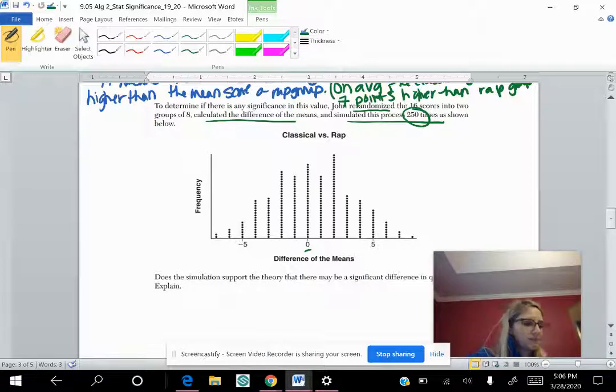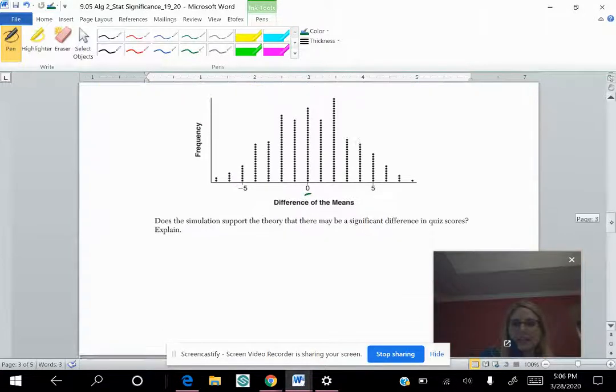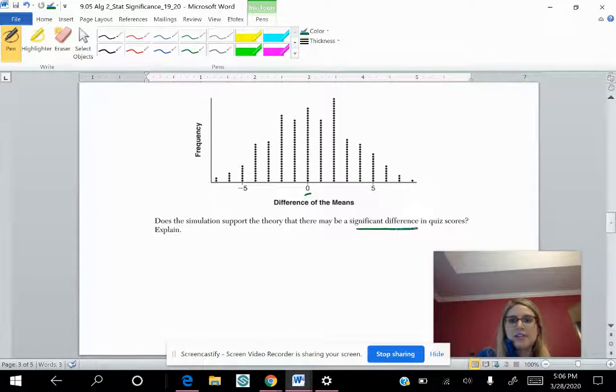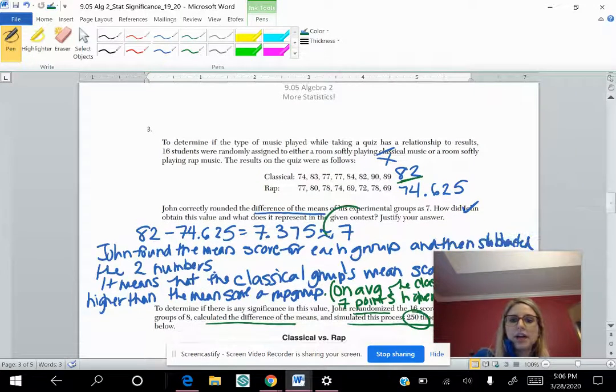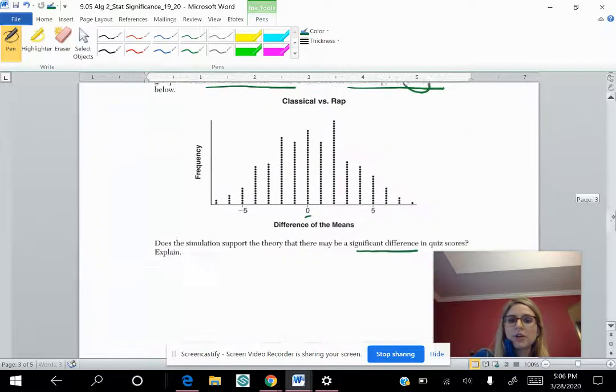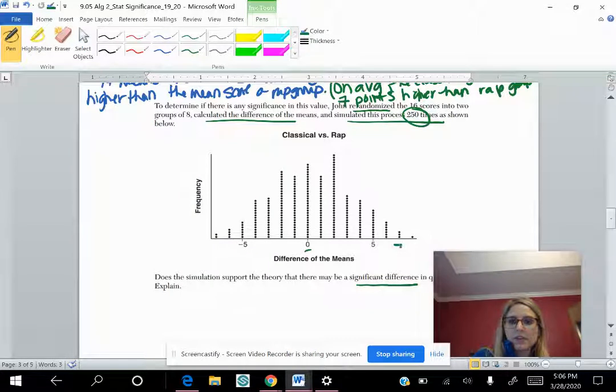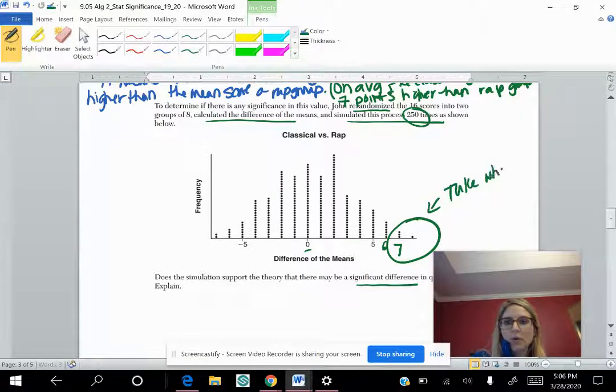The question says, does the simulation support the theory that there may be a significant difference in quiz scores? So is there a significant difference in the quiz scores based off of the music they listen to? All right, what did we get for our difference in the means? We got 7. So we go to our dot plot and find 7. Here's 6, 7. We take the whole tail.